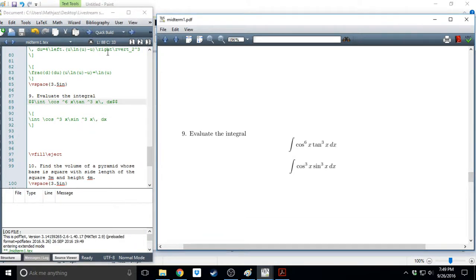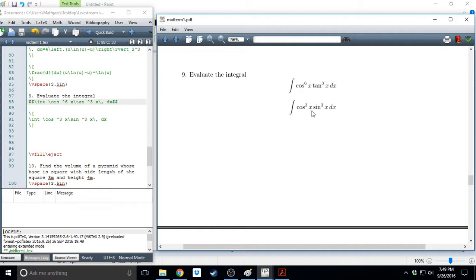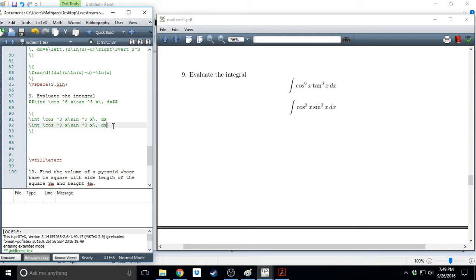Okay, so this is a simplified form. Cosine cubed x, sine cubed x. And from here, we want to convert 2 of these sines into cosine using our Pythagorean identity. So we do that. Sine squared is equal to 1 minus cosine squared of x. And we're left with 1 sine.